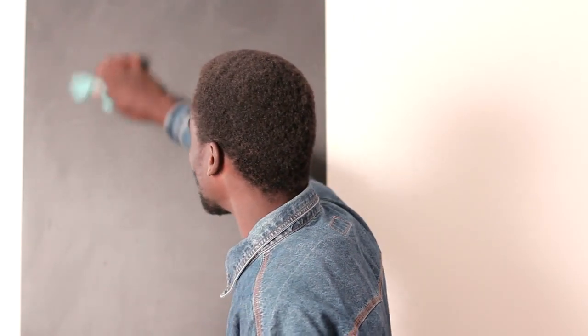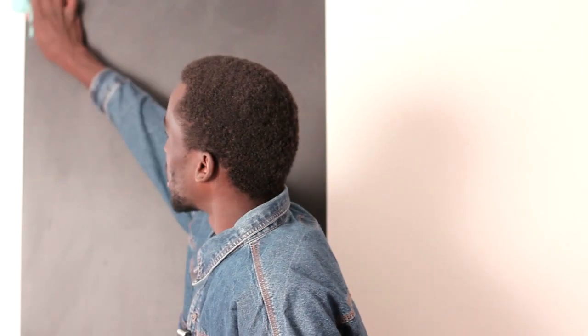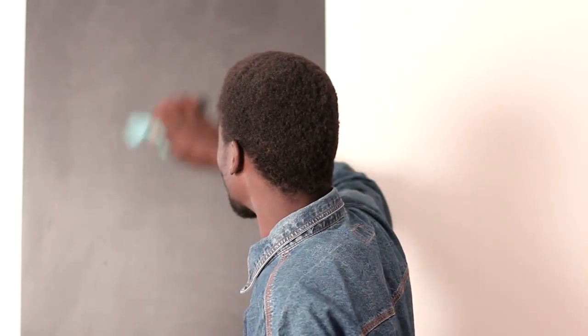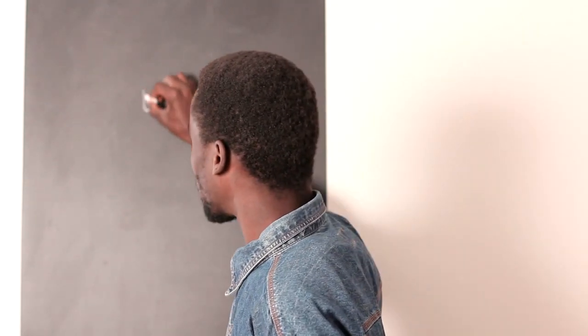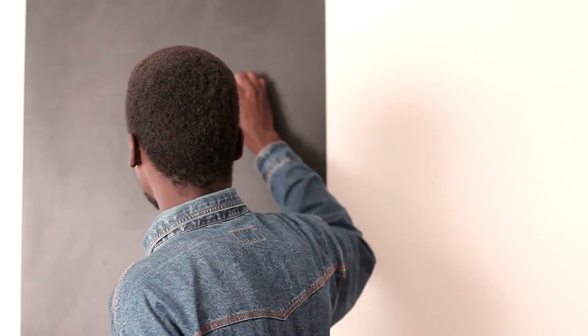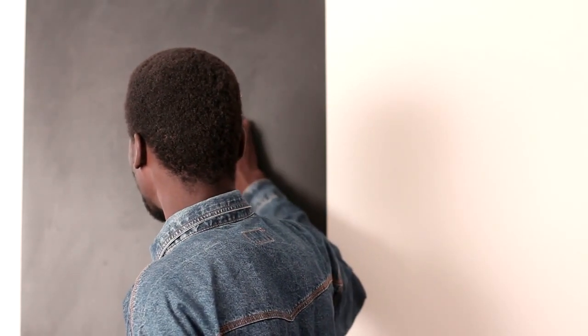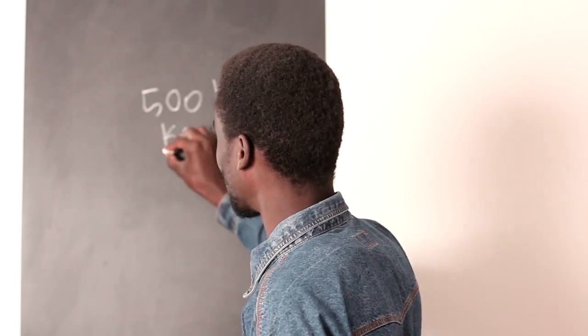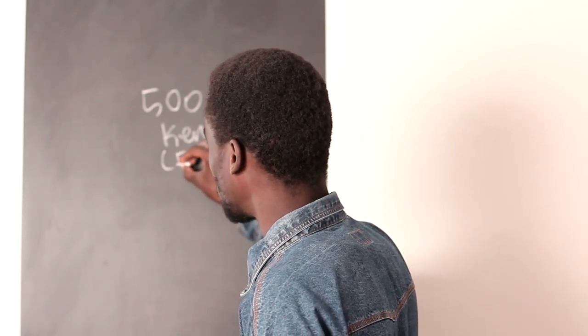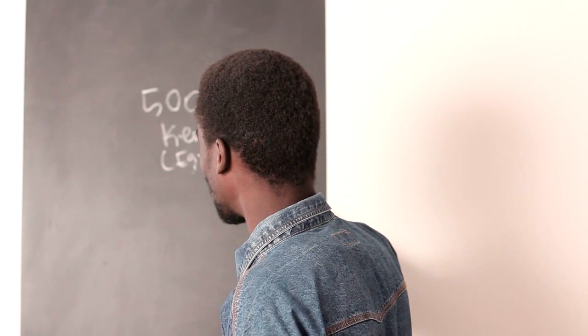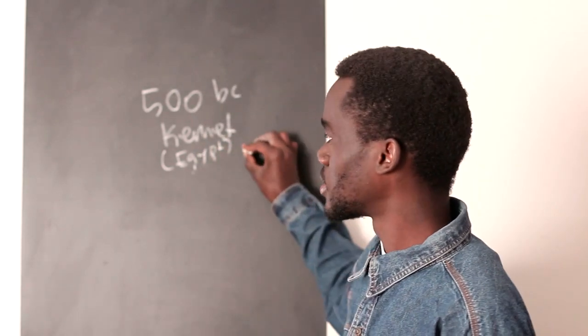So the economical system, how was it structured and how did it start? Well, it started 500 BC in what is called Kemet. But today, some people call it Egypt. And this is where it started.